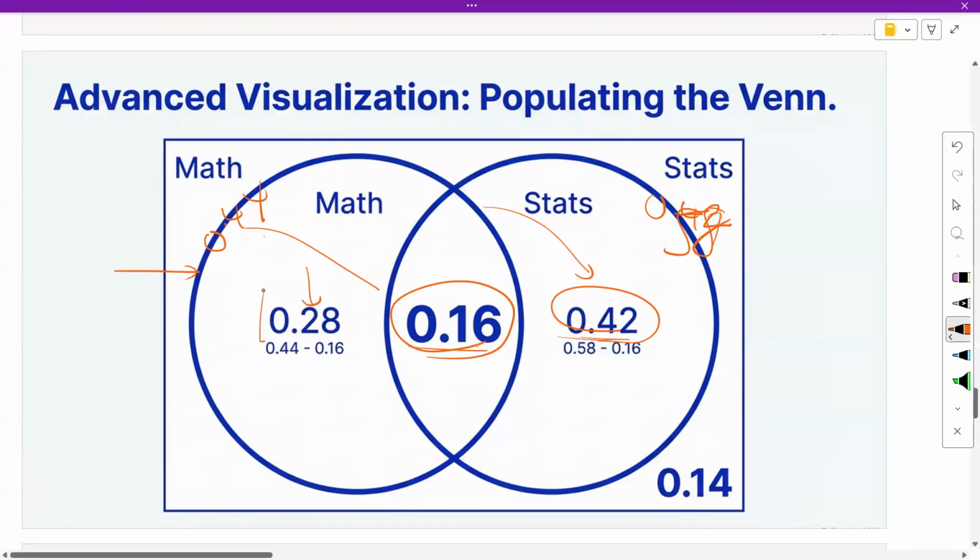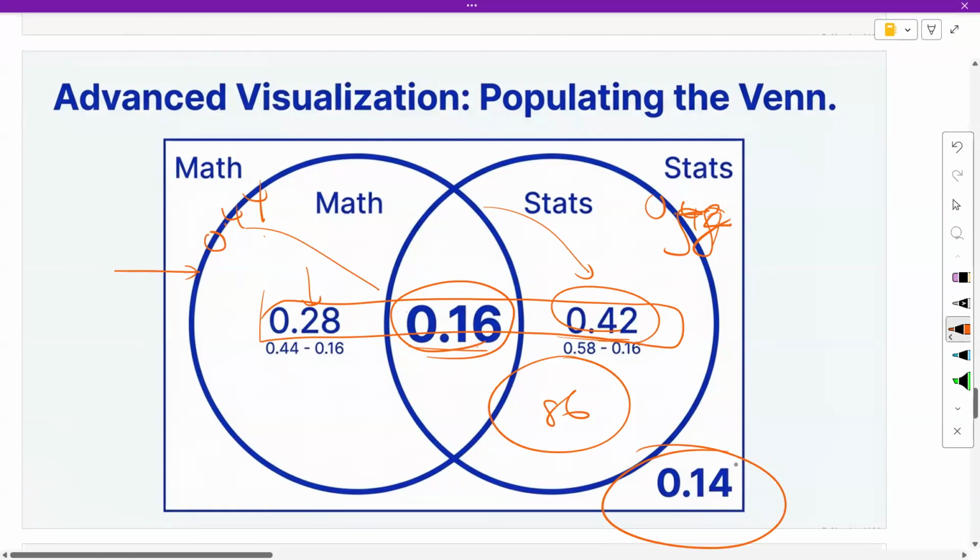So when you take all of these, we get the total probability, 0.86. And what's the chance of this? 0.14, what's the meaning?